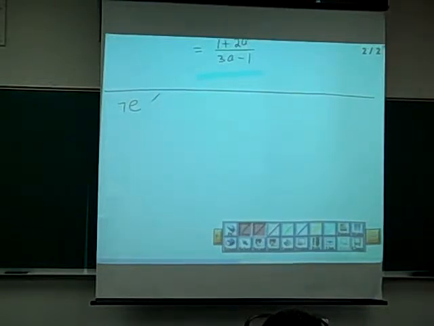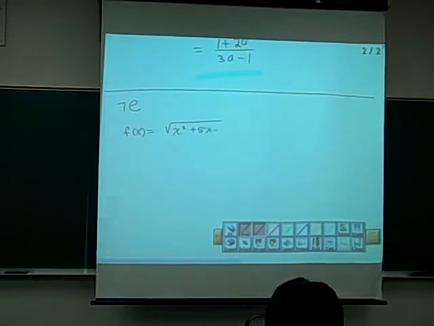Alright, use interval notation to find the domain of each function. We've got f of x equal to the square root of x squared plus 5x minus 6.